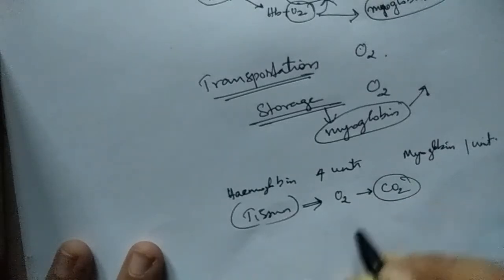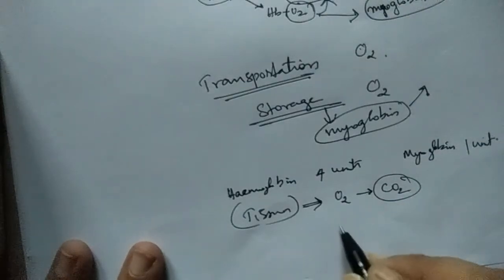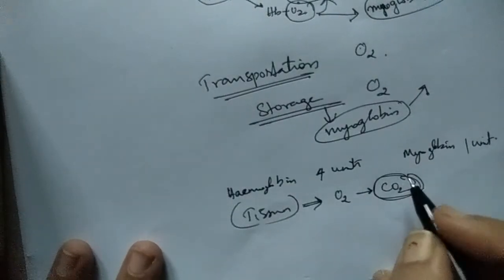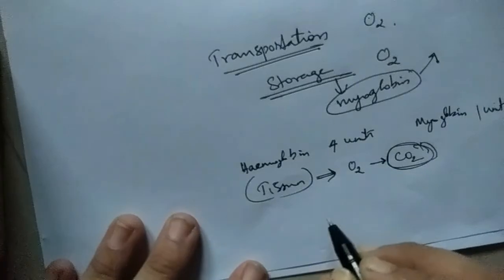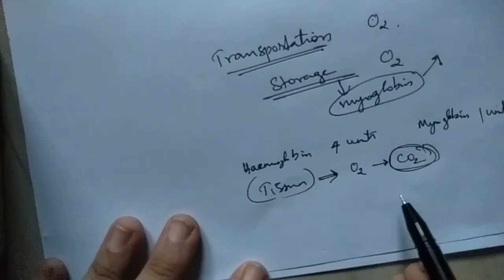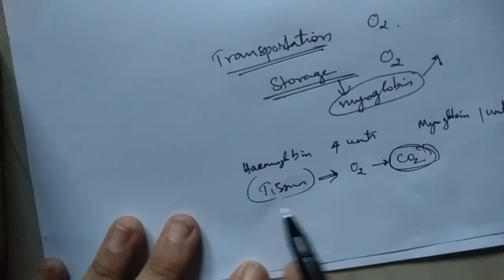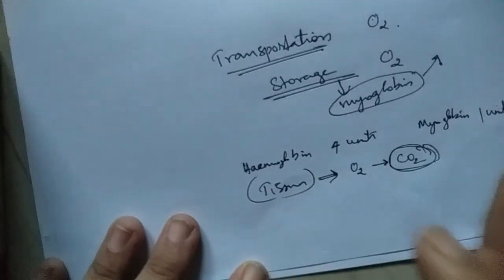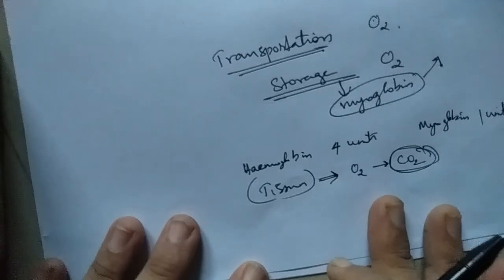So at the muscles, when the oxygen is released, there will be a concentration of carbon dioxide. This carbon dioxide will be taken up by the hemoglobin, and then moved back to the lungs, and at the lungs it will be releasing this carbon dioxide.